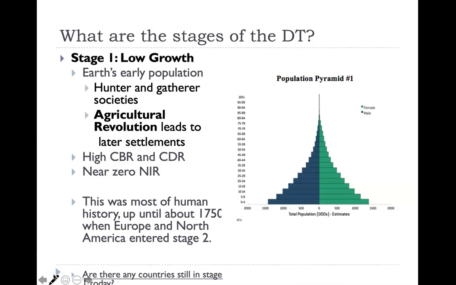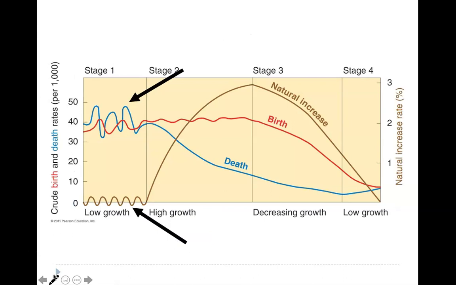So most of the world was like that. Now, there are no countries who are in stage 1 now. All right, so this used to be our history and what the world was like, but it is not like this now anywhere, right? Except for a few maybe scattered places where you still have hunting and gathering societies. All right, so there's stage 1.